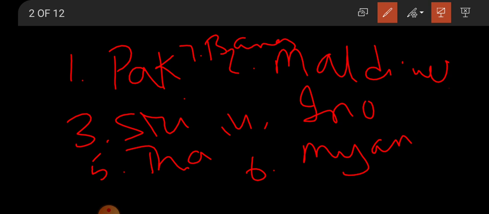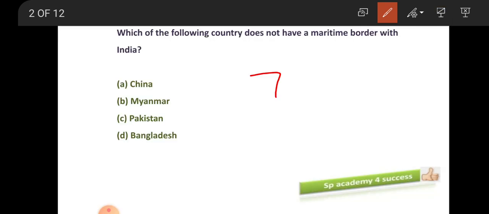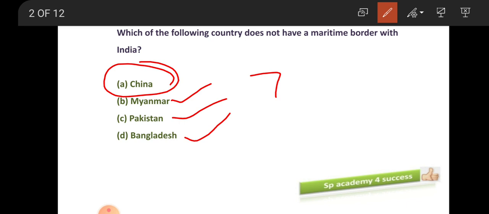Now go to the options and check which of these options is not there in your 7 state list. We have Myanmar, we have Pakistan, we have Bangladesh, but we are not having China. So China is not sharing any maritime border with India.